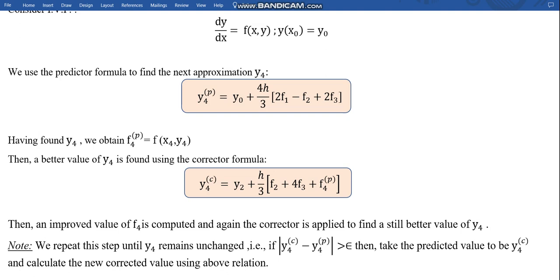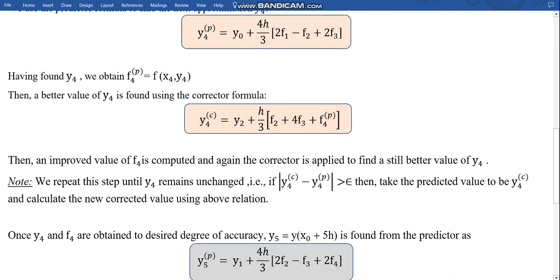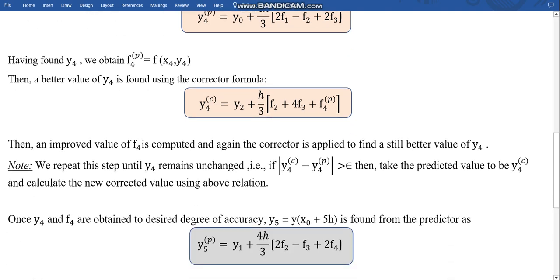Now when we have calculated this predicted value of y4, we will obtain the functional value at this point, which is given by f4 at p. So that would be the predicted f4. Now a better value of y4 is found using the corrector formula, which is denoted by y4 at c. So in the above you can see it is written c.